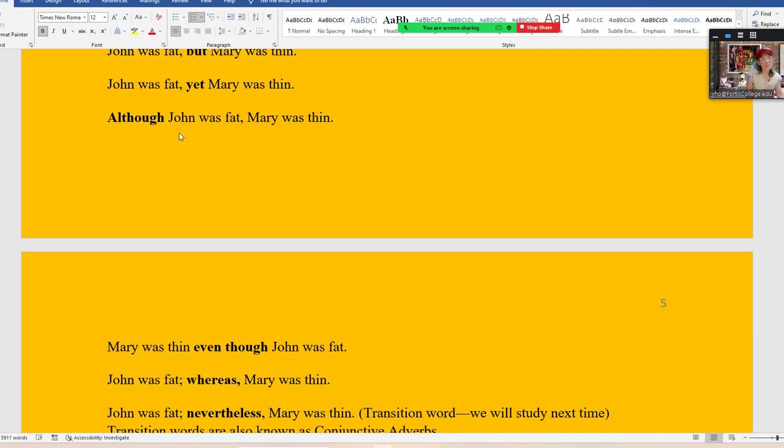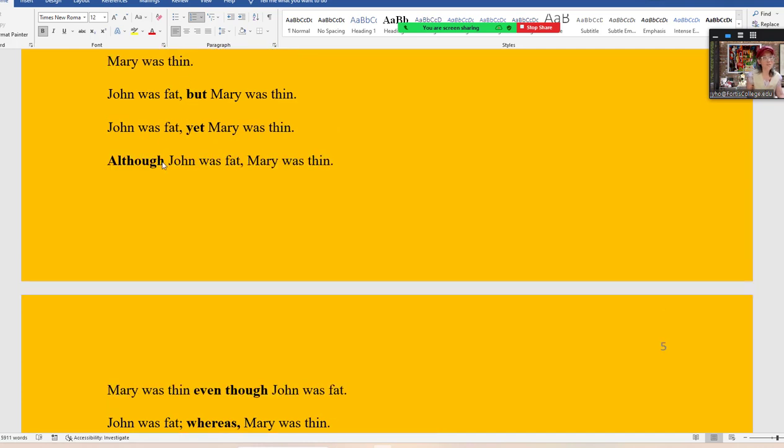And in a complex sentence, although John was fat, Mary was thin, this is how your reader will read it, because that makes this sentence less important. The fact that John's fat is not so important, but it's really important to notice that Mary was thin.